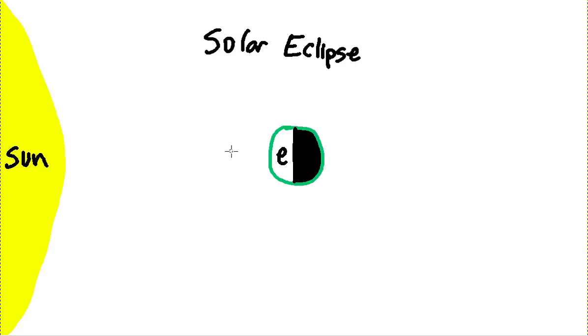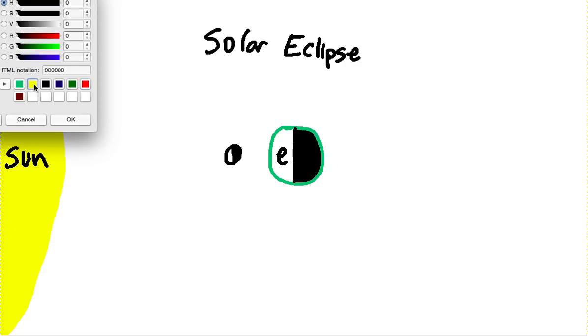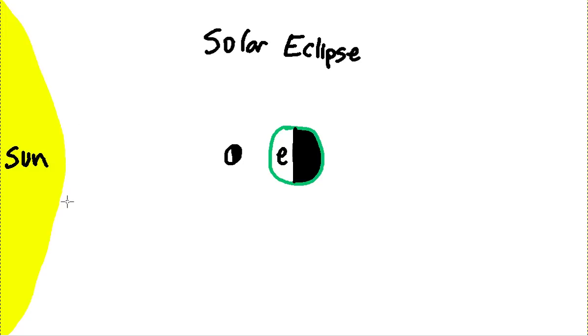And it gets blocked by the moon. So here's our moon right here. So I'm going to pick just 2 light rays, the ones that are the most important, the ones that just skim the surface of the moon. So I got a light ray.